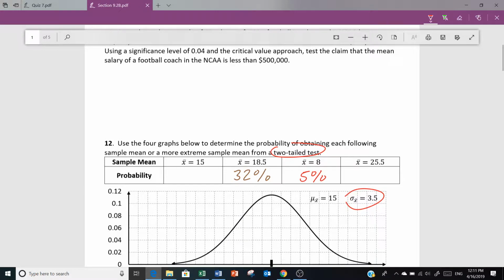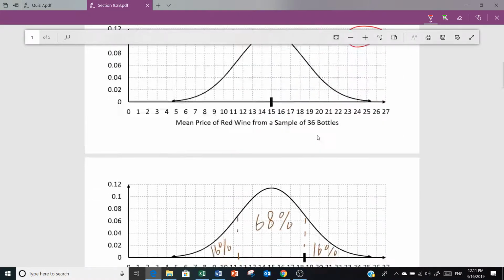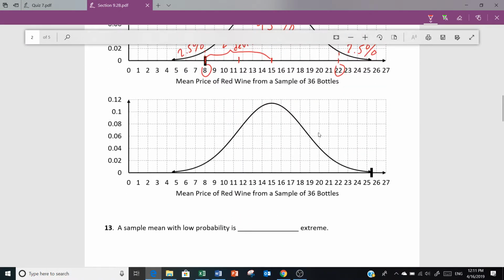Let's do 25.5. 25.5 is how many standard deviations above? 3. I picked nice numbers. So 3 standard deviations below would be 4.5, and we have 99.7% in the middle, and what percent on the sides?